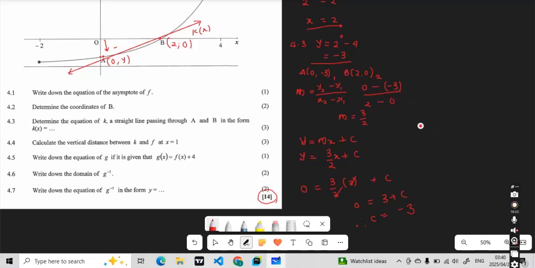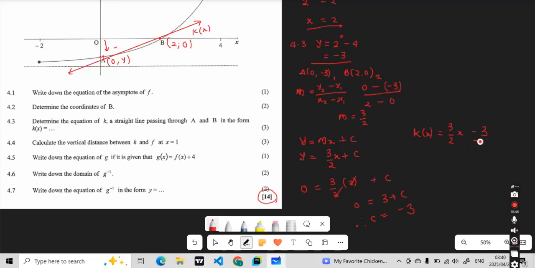So your equation is going to be, let me write it here, k of x is equal to 3 over 2 x minus 3. Does it make sense?